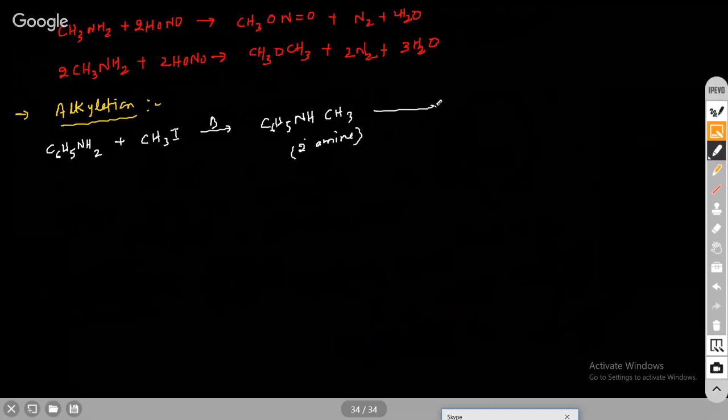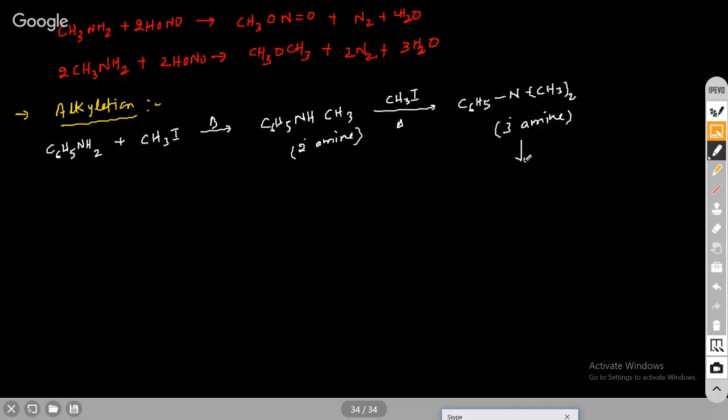When this further reacts with CH3I, it forms C6H5N(CH3) whole twice. This is a tertiary amine.